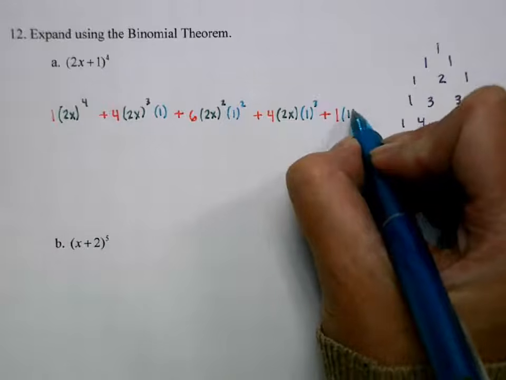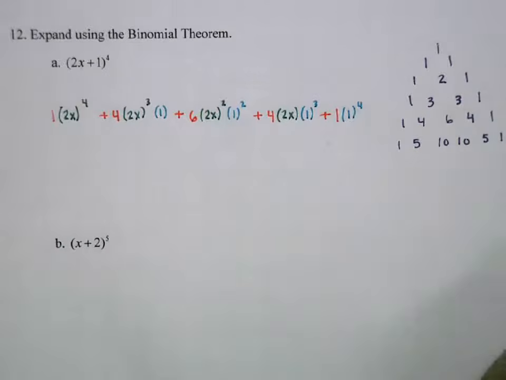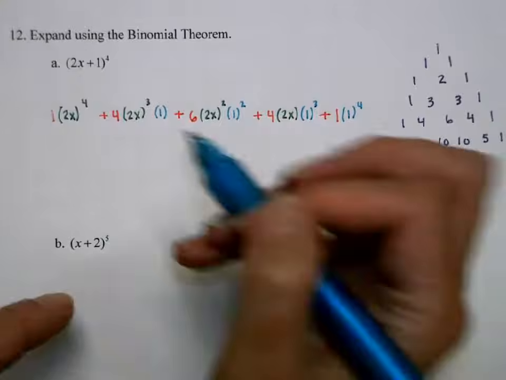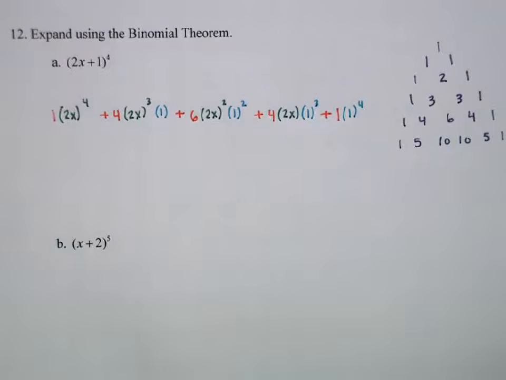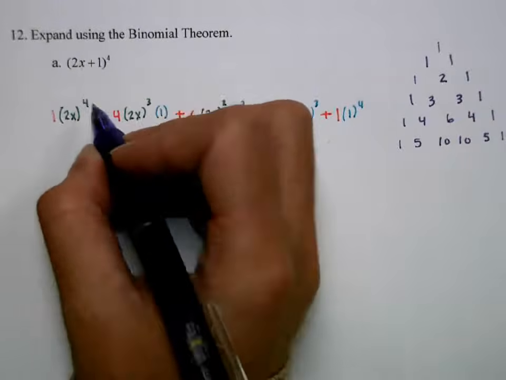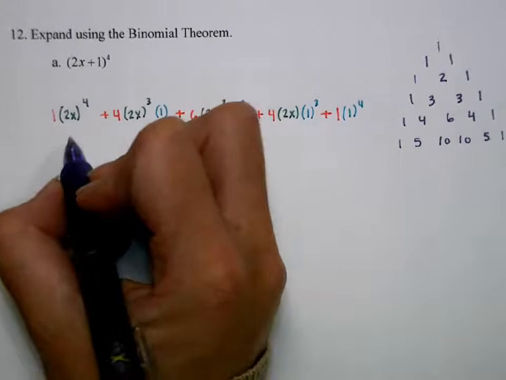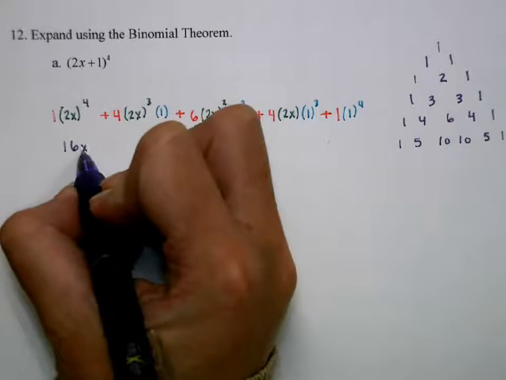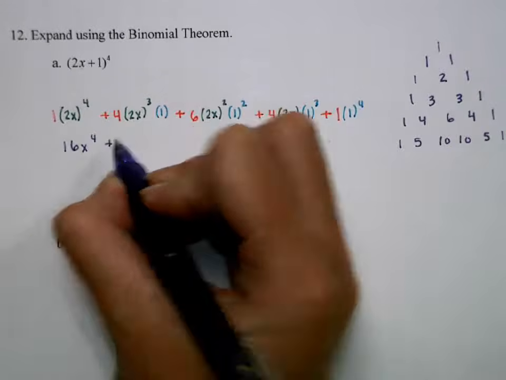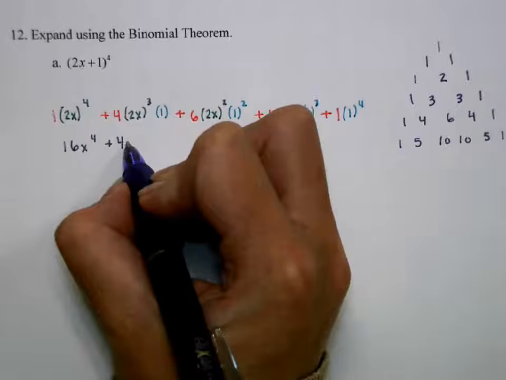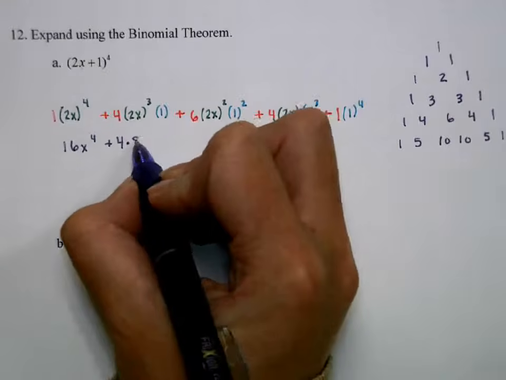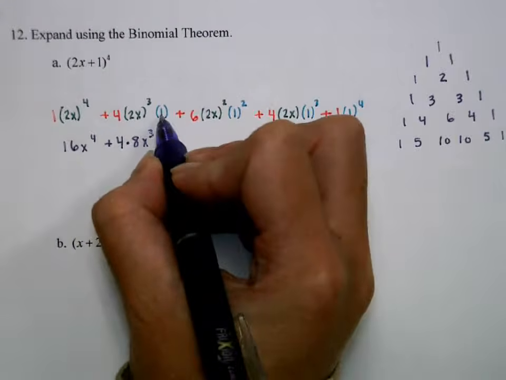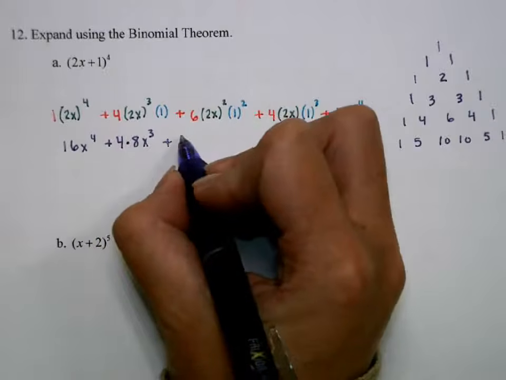So we've expanded it, but now we need to do some good old-fashioned simplification. 2x to the 4th. That 2 also gets raised to the 4th. So that's going to be 16x to the 4th. I'm going to do this in 2 steps. 4 times 2x cubed is 8x cubed times 1. 2x to the 2, or 2x squared, is going to be 4x squared times 1.